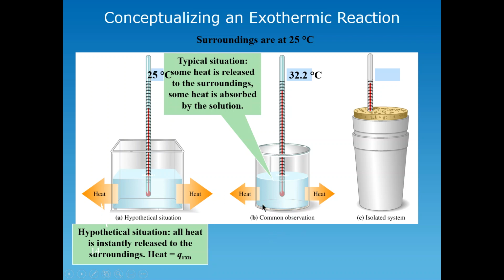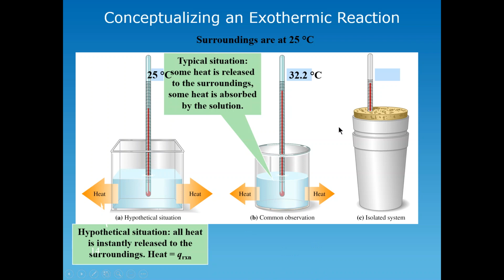So in this case, that amount of heat that is absorbed by what is remaining here will result in an increase in temperature from 25 degrees Celsius to about 32.2 degrees Celsius in this particular case, all right? That is what you'll most commonly observe in real life. If you have a reaction in a beaker and it's exothermic, this is more accurate in terms of describing what happens compared to the previous example that I showed you before.